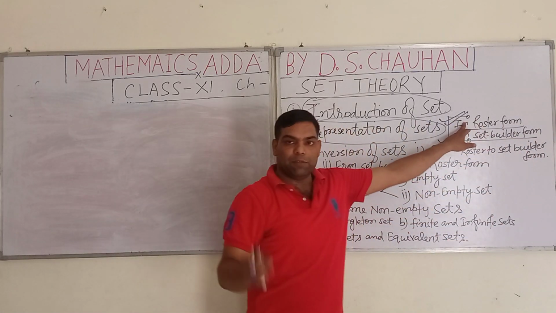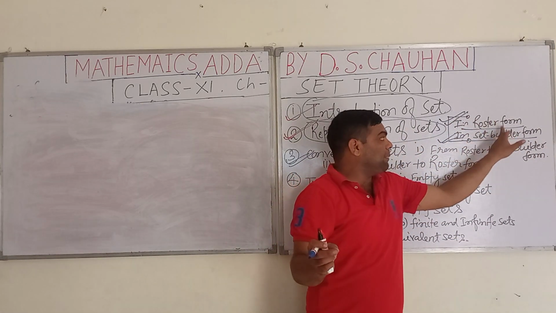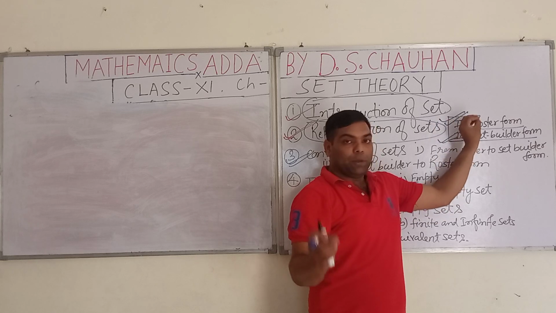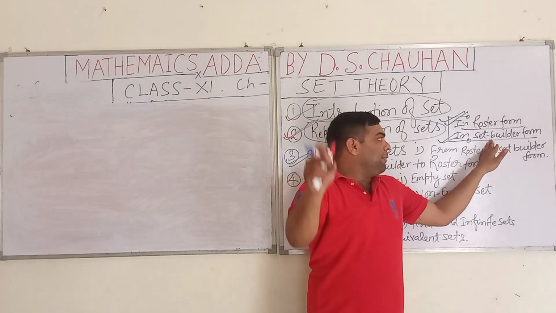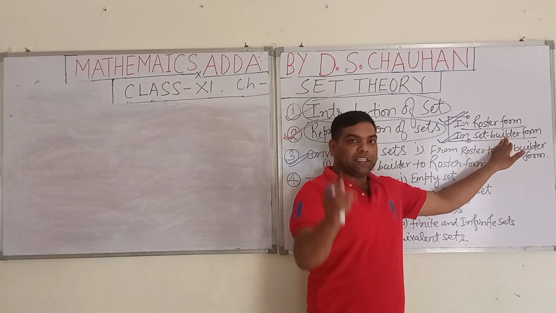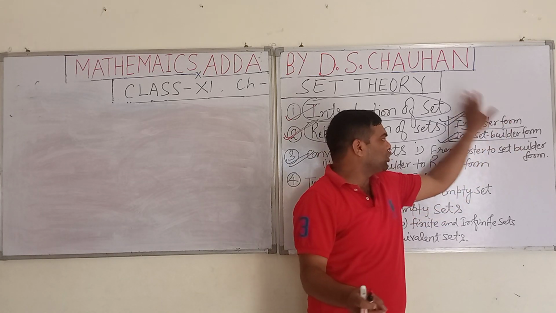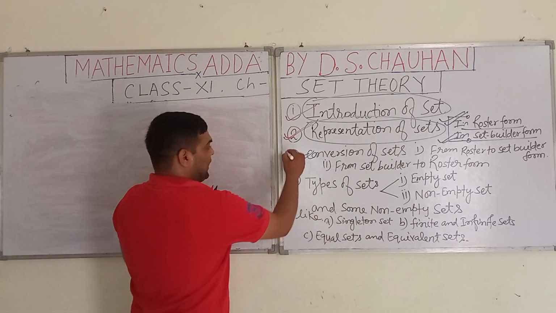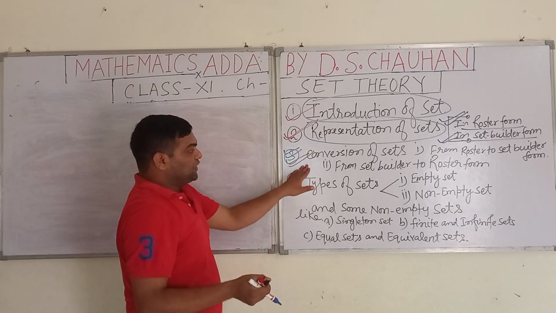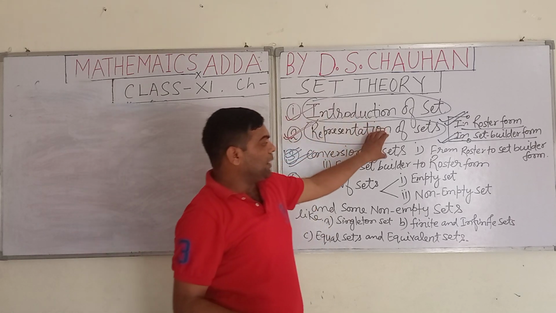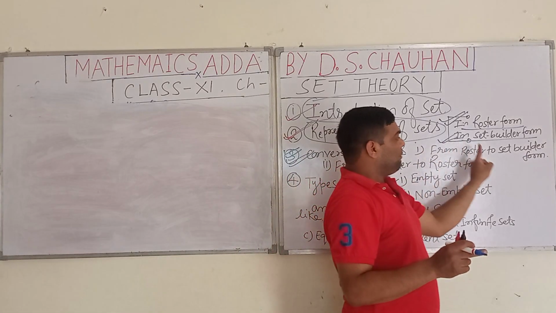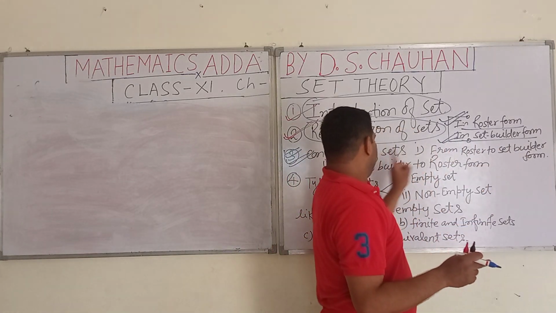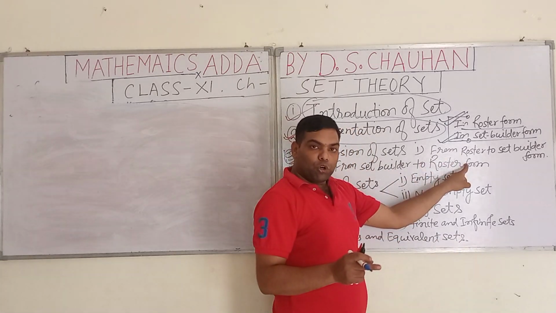In roster form, you write down the list of elements. In set builder form, you always have to write a formula to represent the list of elements present in roster form. And then I told you 2 to 3 examples related to the conversion of sets. There I described how we can convert from roster to set builder and from set builder to roster.